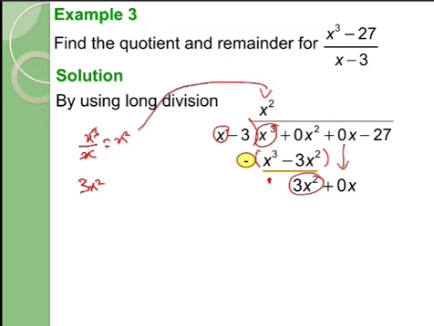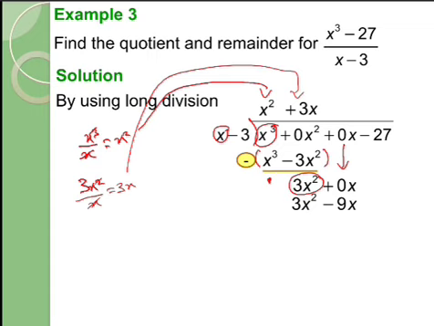So write 3x squared, divide with x. The answer is 3x. Put it on top. Next, multiply your 3x with the divisor 1 by 1. 3x times x is just 3x squared. 3x times negative 3 is negative 9x. Write a minus sign in front and put a bracket there. Subtract the terms 1 by 1.